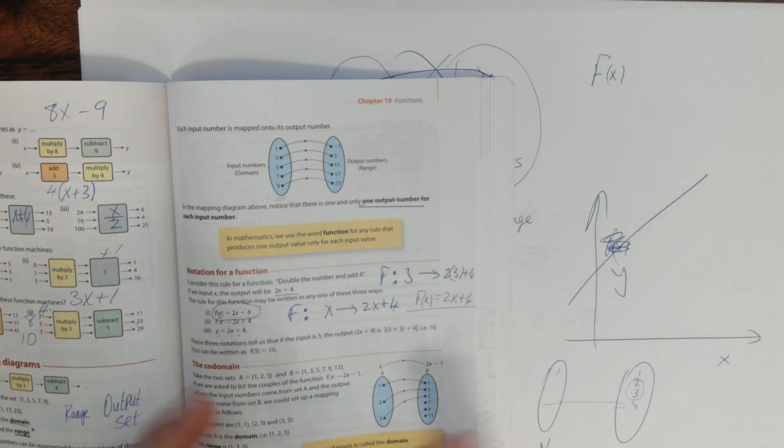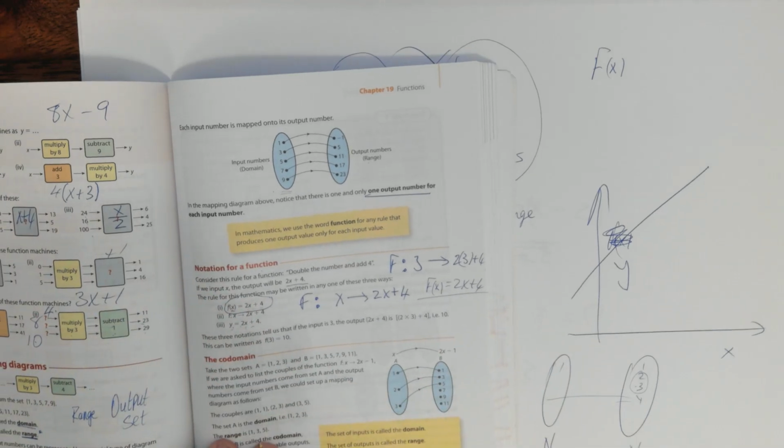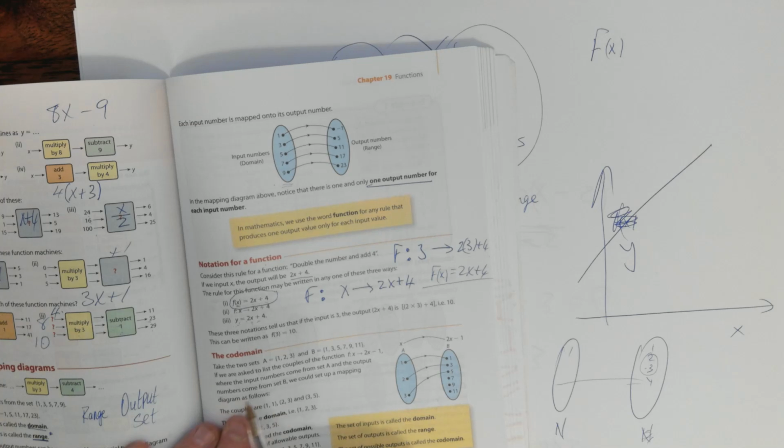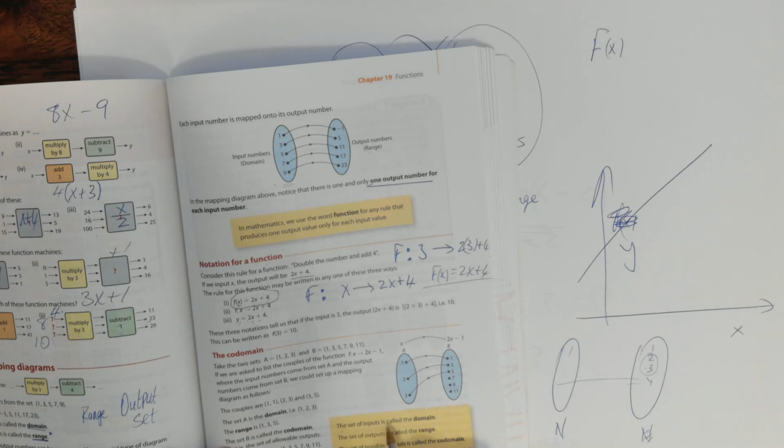Now, there's a lot of hand waving going on, as you can see here, so we'll need to bed that down and spend time working on the words. Let's see what it says here. I hope it agrees with what I said. The set of inputs is called the domain. Excellent. The set of outputs is called the range. Excellent. I'm happy with that.